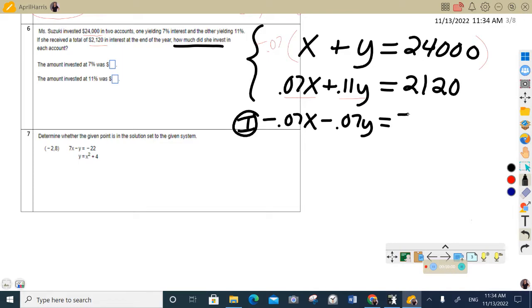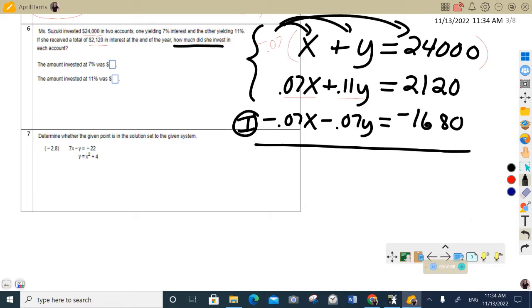And I get negative 1680. So I just did negative 0.07 times all of those. And so now when I add my second equation to my new first equation, the negative 0.07x plus 0.07x cancels.